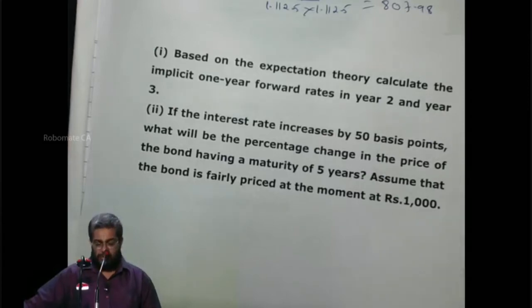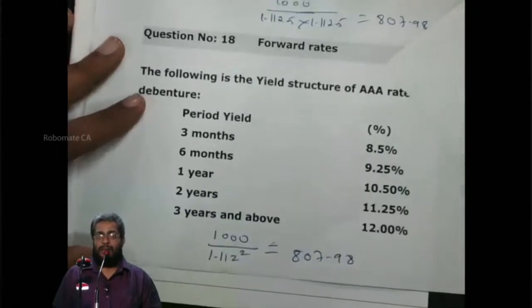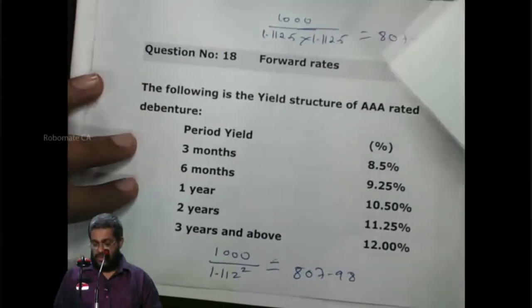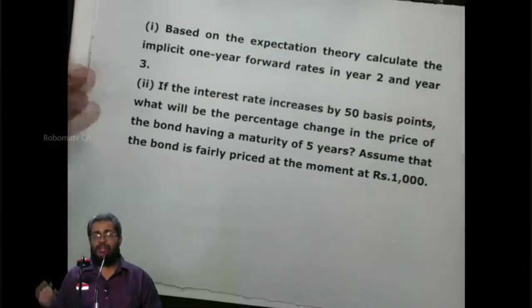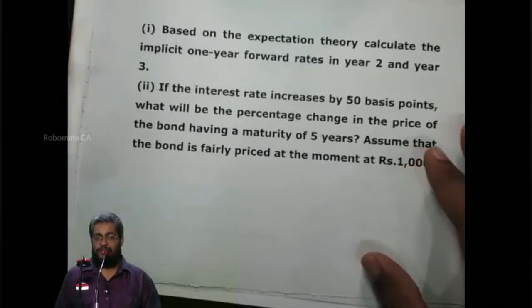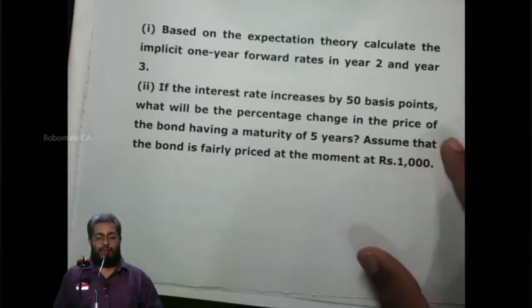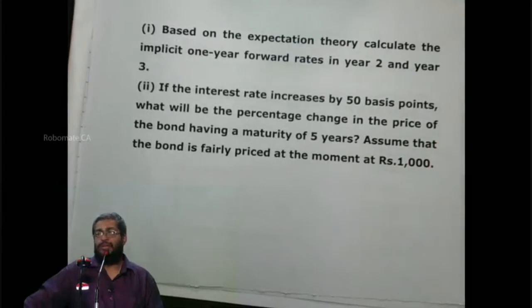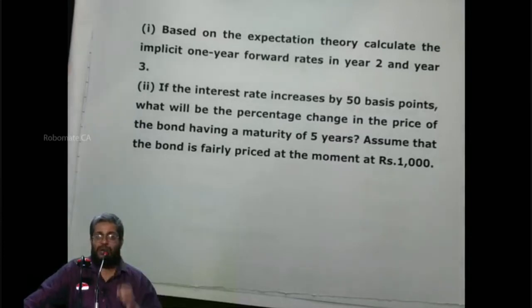YTM is given in the question, YTM is equal to how much percent? 12%. YTM is equal to 12%. Duration is equal to how many years? 5 years. In brackets, for zero coupon bond, duration is its maturity.